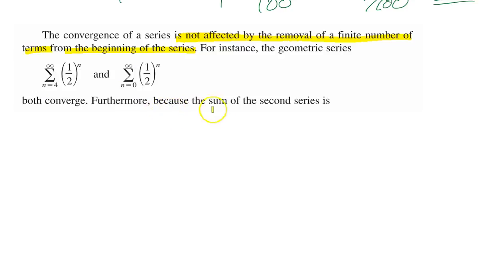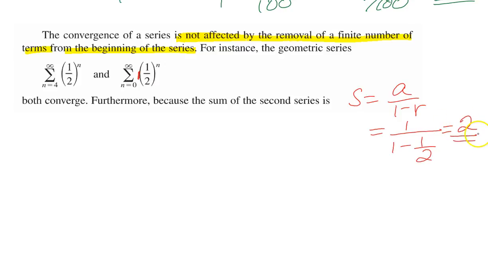Now, what's the sum of the second series, guys? It is s equals a over 1 minus r. What is a? A is the invisible number 1. 1 minus r is 1 minus 1/2, which is 1/2, so the sum is 2.